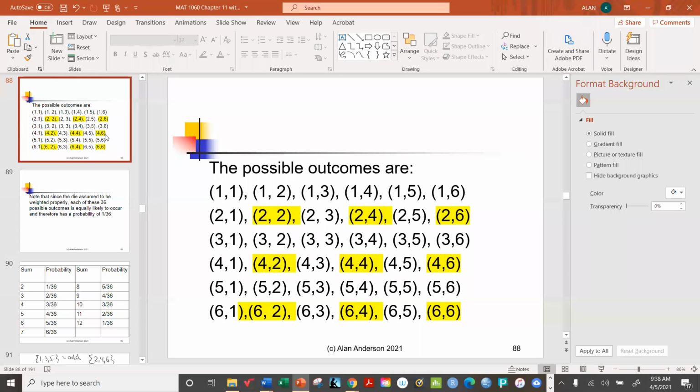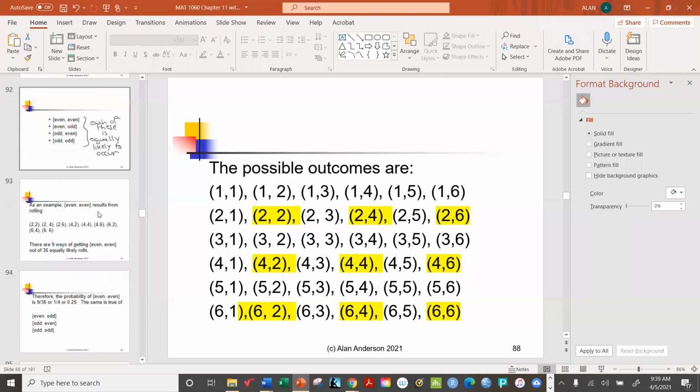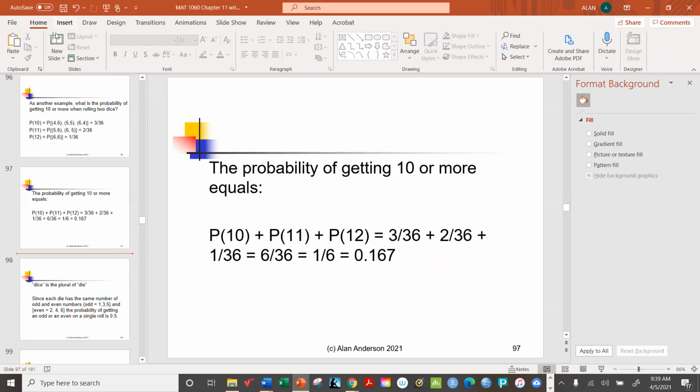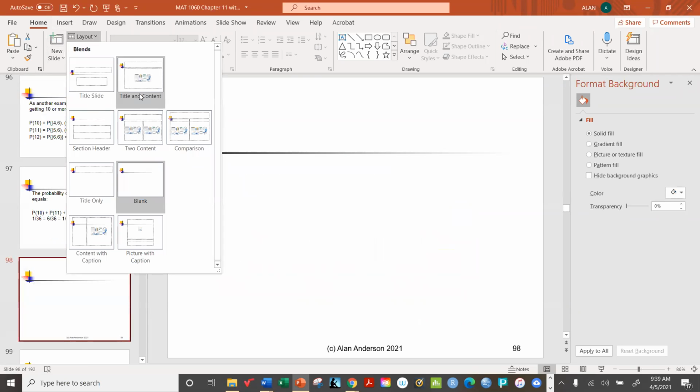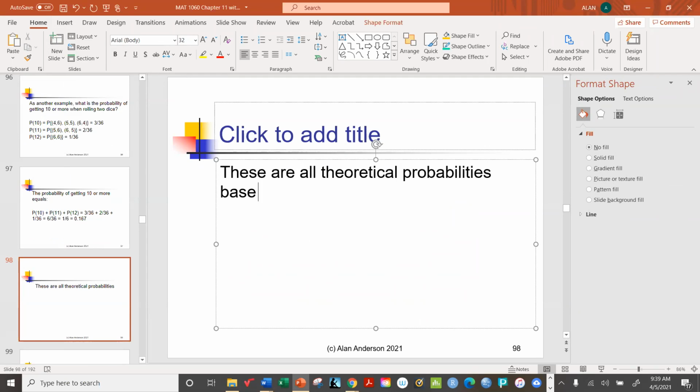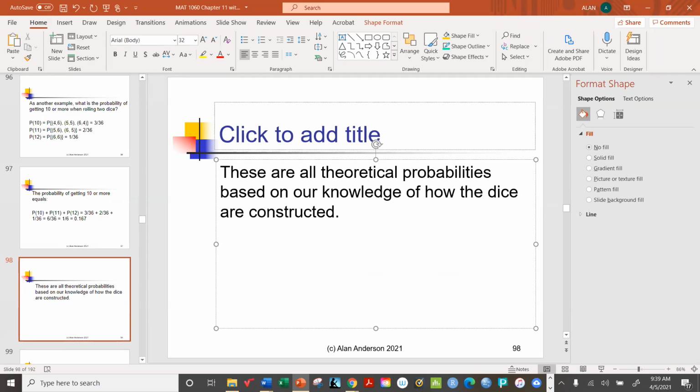Now, all of these, by the way, are what we would call theoretical probabilities, based on our knowledge of how the dice are constructed. Now, what if we didn't understand how the dice work?